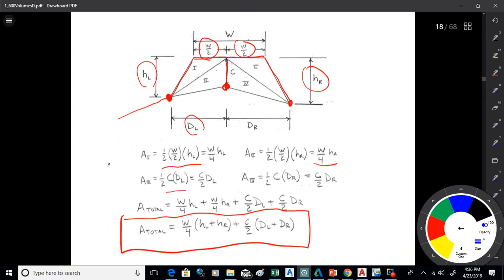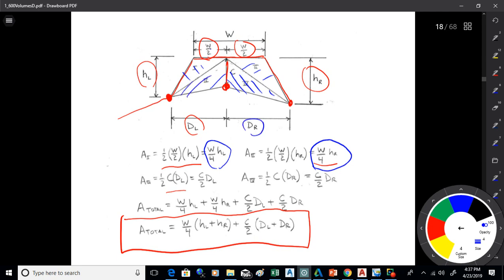So what you do there, you take the top width, break it into 2 parts, w over 2 and w over 2, and then you've got the area of these triangles here on either side, w over 2 times hl over 2. That's w over 4 hl. Do the same thing on the right. It's w over 4 hr. Then you could figure out the area of these triangles here. That would be that center height times the distance left and right.